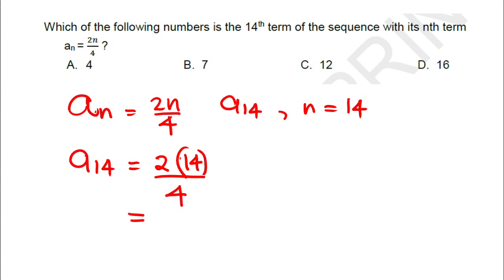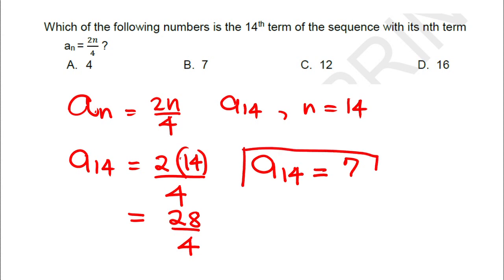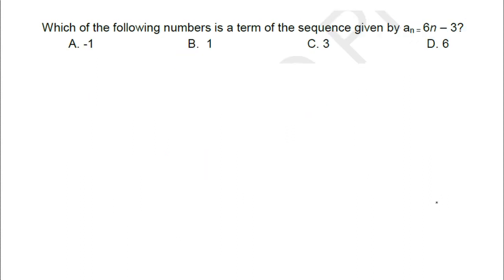It will give us 2 times 14 is 28 over 4. Therefore, a sub 14 is equal to 7. So here is our answer. Therefore, the 14th term of the sequence with its nth term a sub n equals 2n over 4 is letter B, 7.